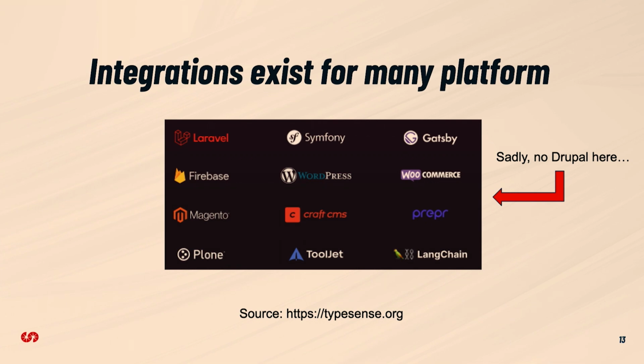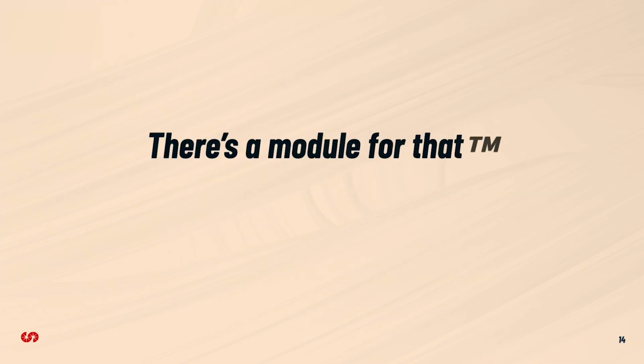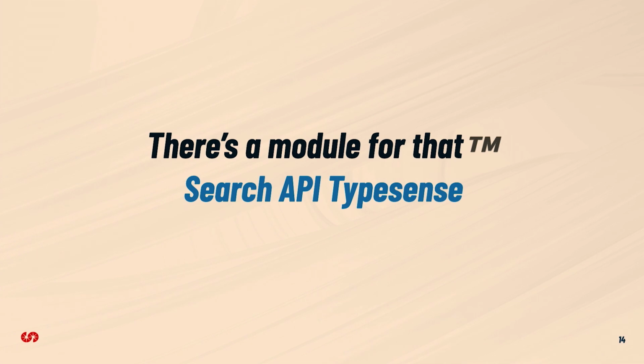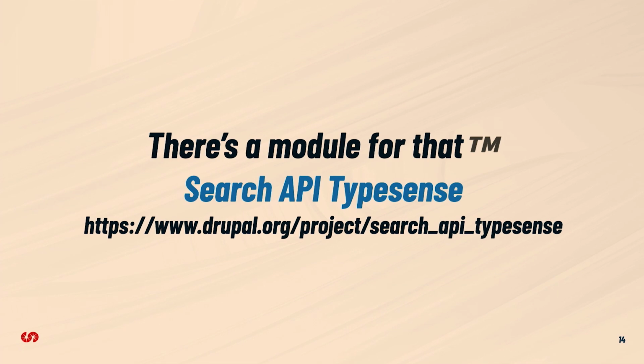If you go to the typesense.org webpage, you don't see Drupal listed here, but there's a module for that, of course. It's called Search API Typesense. It's in beta 1 since Monday, basically. So after this talk, probably a call to the maintainer of Typesense to add Drupal in the matrix of supported frameworks. And you can download it from Drupal.org.